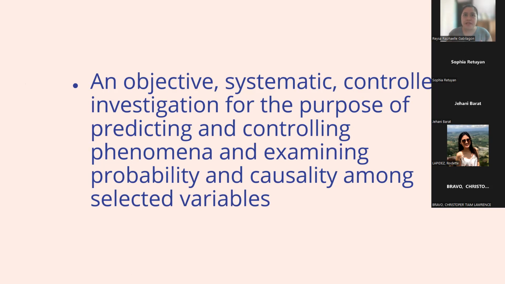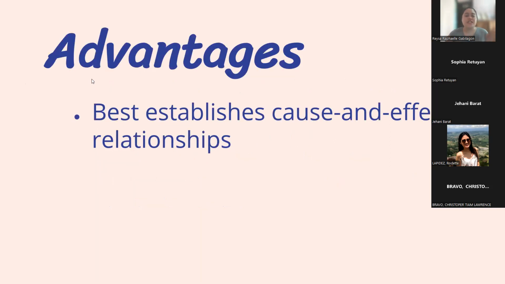As much as possible, we will get rid of all the biases that may cause variation to the results. Okay? So we will be predicting activities or effect of one variable to another. So we will be establishing cause and effect relationships for our experimental research.